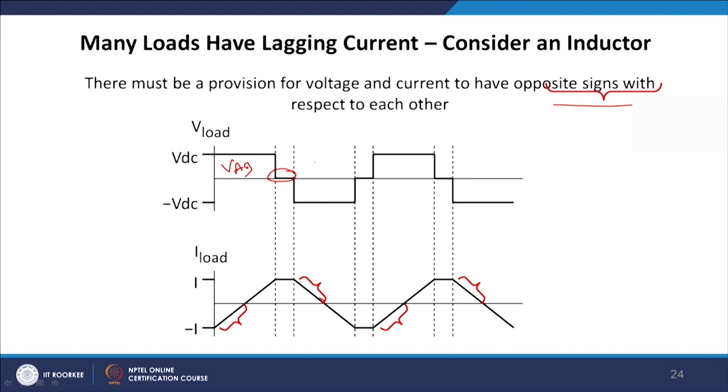You got a forward voltage and negative current. So, ultimately the diode will conduct. When you have a forward voltage and forward current, then the control switch will conduct. So, it can be very well realized simply by an SPDT switch.